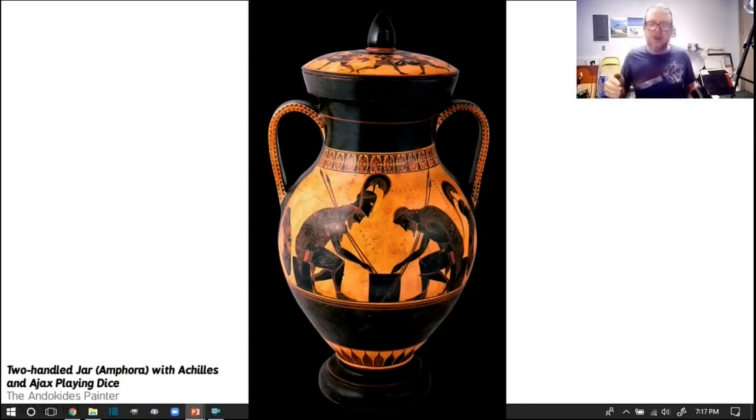We'll look and compare them soon. But the poses are much more dynamic, rather than those stiff standing poses of a lot of the Egyptian work that we looked at. Here we have Achilles on the left and Ajax on the right playing a game of dice. So it's an action scene. There's something happening here.